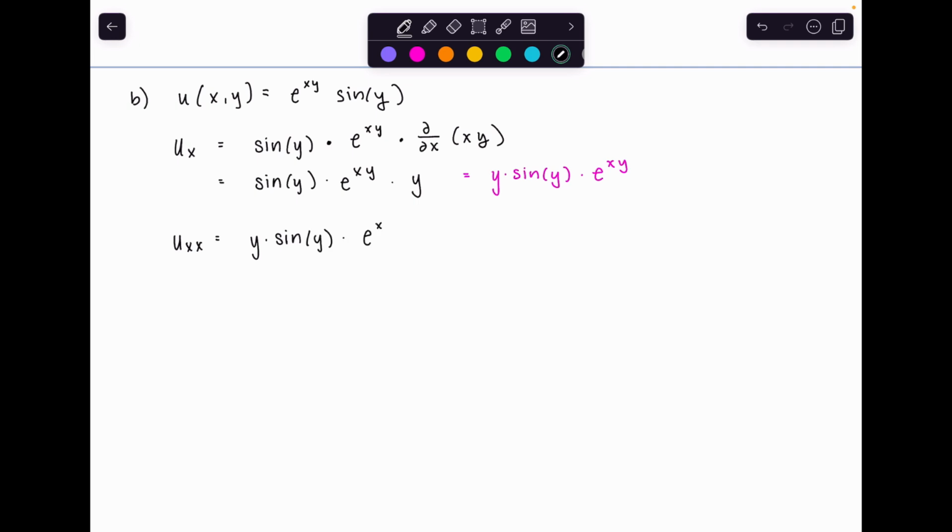Derivative of e to the xy is e to the xy. And then chain rule again, I've got to take the derivative with respect to x of xy. So ultimately that just gives me another y. So you can group it if you want as y squared out front. If you left it like this as is, that's not a problem either.